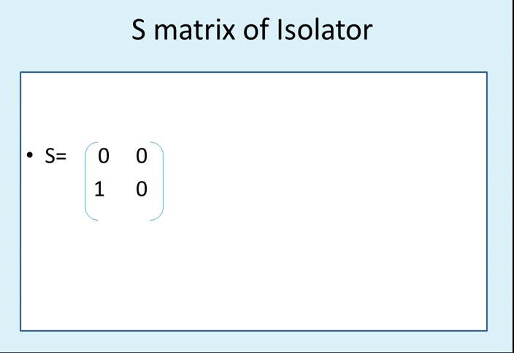As it is an isolator, it provides very little attenuation from port 1 to port 2, and it provides maximum attenuation for the signal coming from port 2 to port 1. So that's why we are getting such a matrix for the isolator.